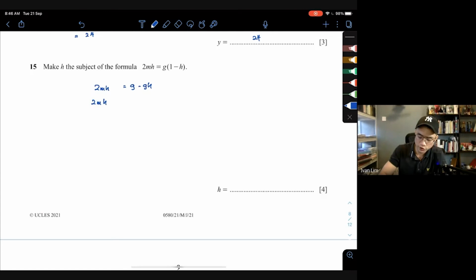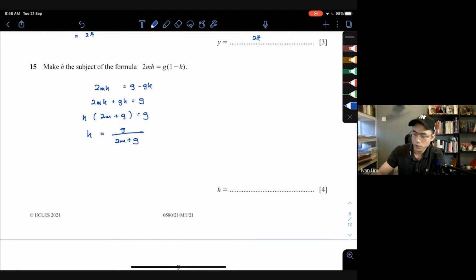So 2mh plus gh equals g, so that we can factorize out the h from these two terms. So h times 2m plus g equals g. And then we divide the whole equation by 2m plus g. So this will be your answer. g over 2m plus g.